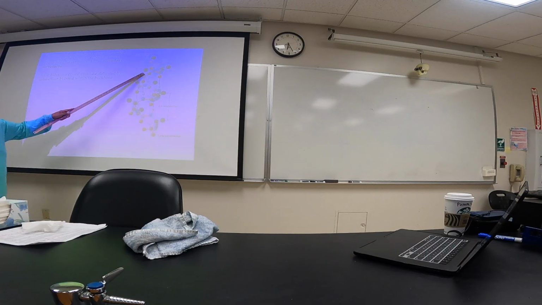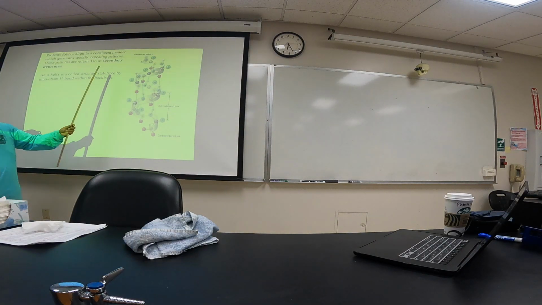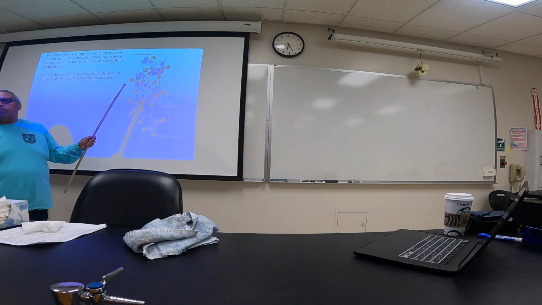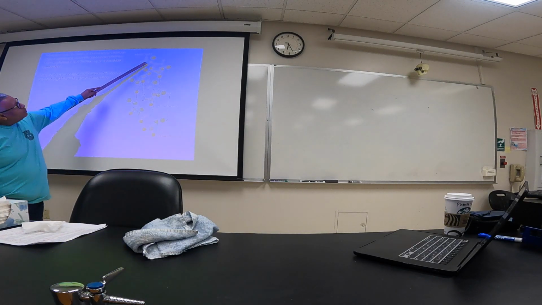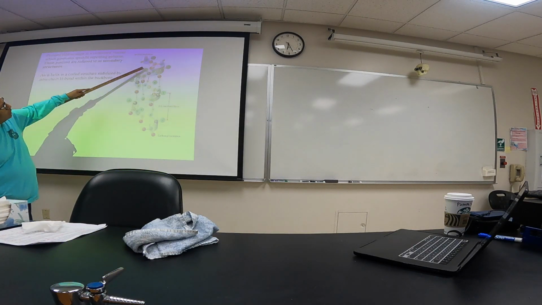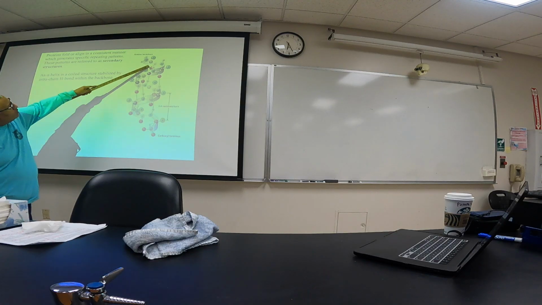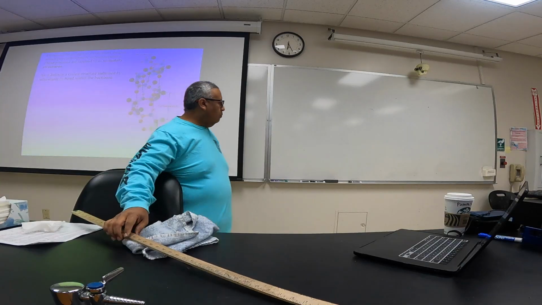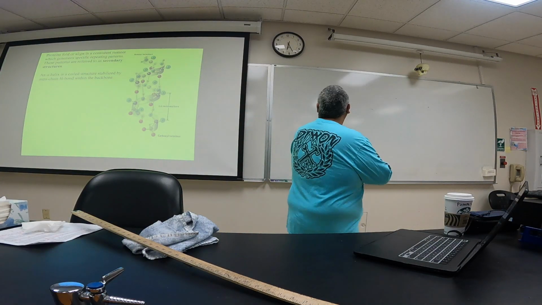And what happens when they get so long like this is we start getting interactions between the R groups, the side groups here, oh no, not between the side groups, between the carboxyl and the amine. So I spoke out of turn there.